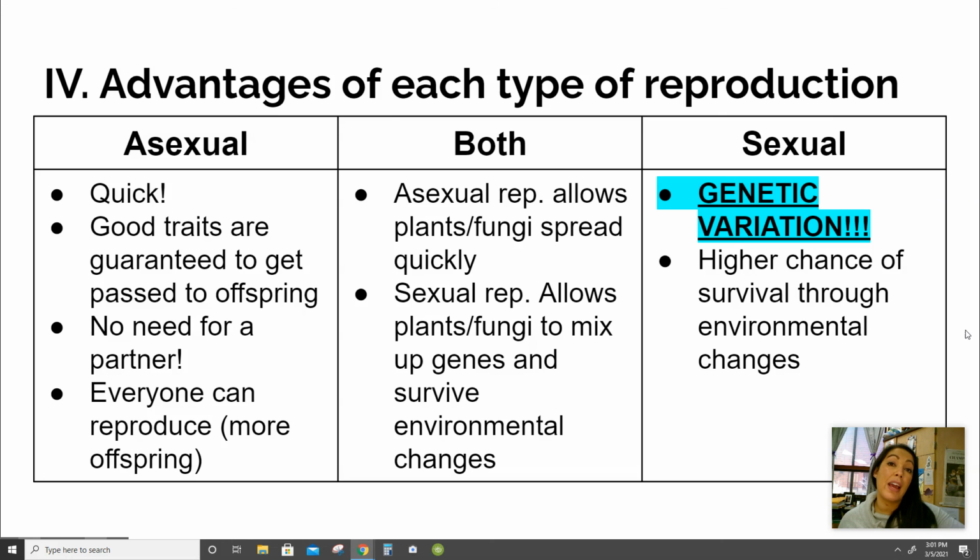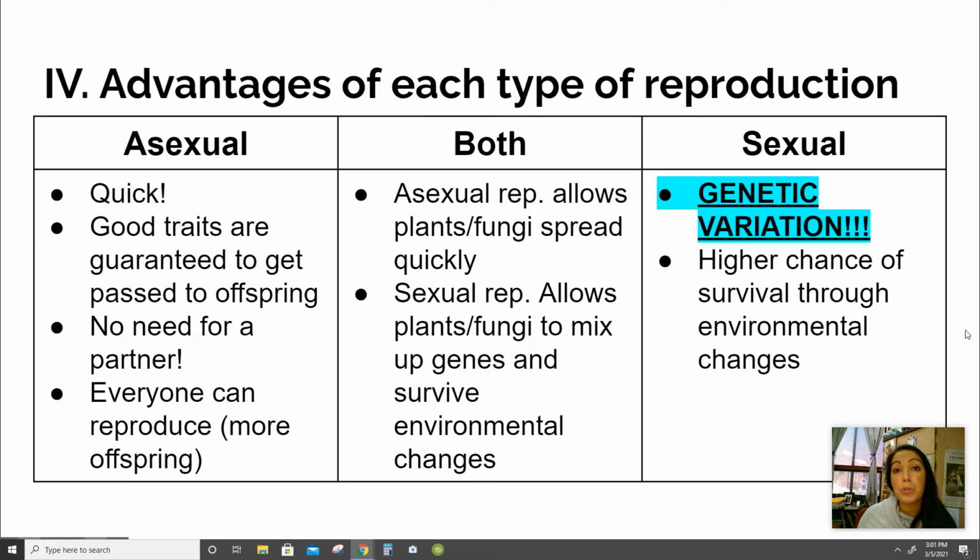If you have an asexually reproducing organism where every single member of that species is a clone, and you have some kind of crazy environmental change, and all of those clones don't have the trait that they need to survive, then all of those clones are going to die and go extinct.